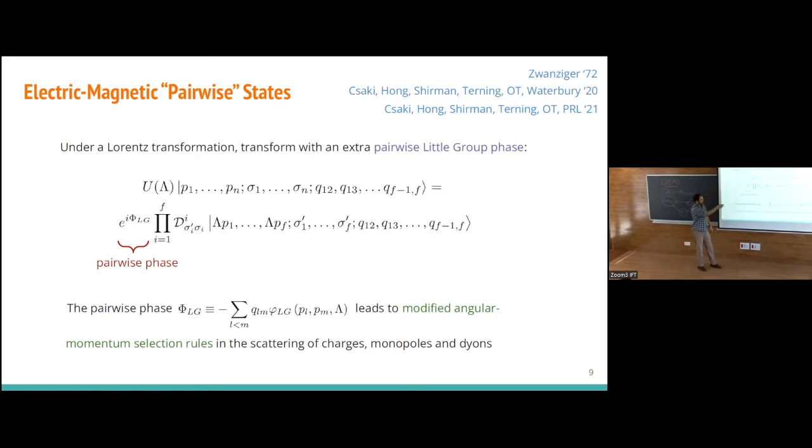And then there's this extra ingredient, this overall pairwise phase, which is the sum over the helicity associated with every pair of particles in the multi-particle state, times a little group phase, which we know how to calculate, and I'll show you in the next slide how to do so, which depends on the momenta of every pair of particles and the Lorentz transformation that I'm doing. So that's the key thing here. And when I take the derivative of that phase, I will get this extra angular momentum in the problem.